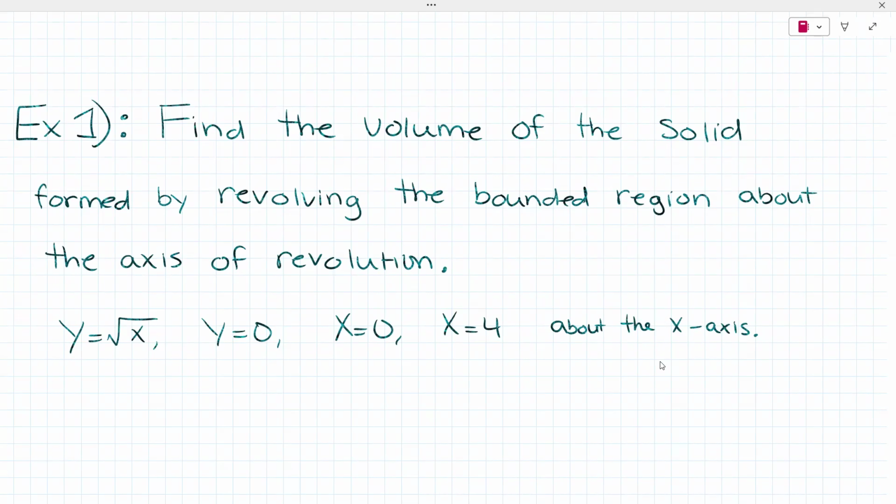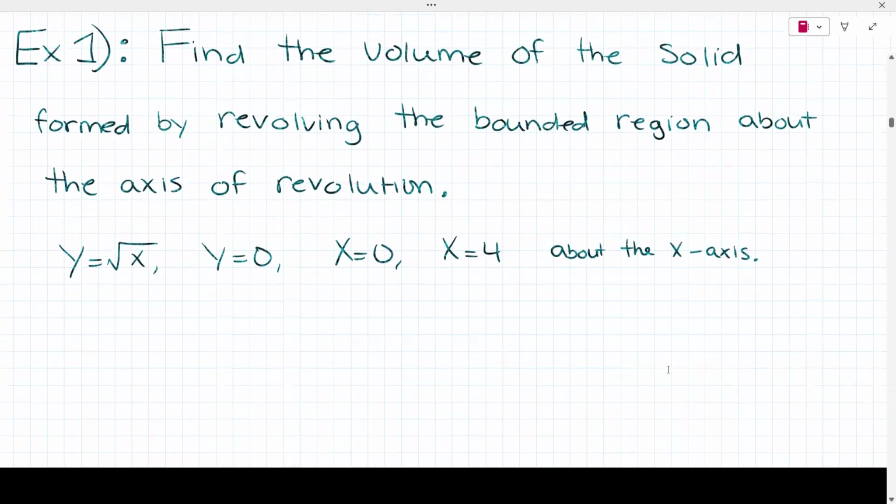Okay, so what we have to do is kind of draw your image. We know y equals radical x is a square root graph. We know y equals 0 is a horizontal line. X equals 0 is a vertical line. X equals 4 is also a vertical line, right?